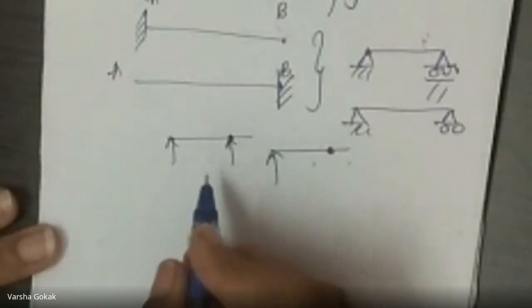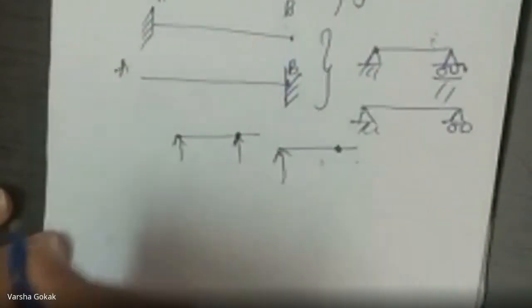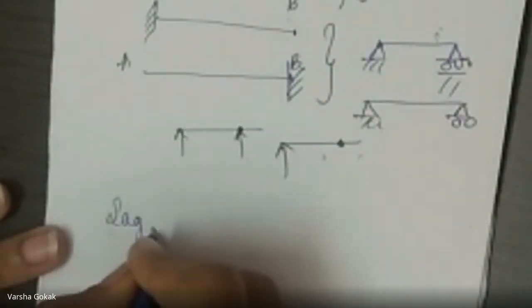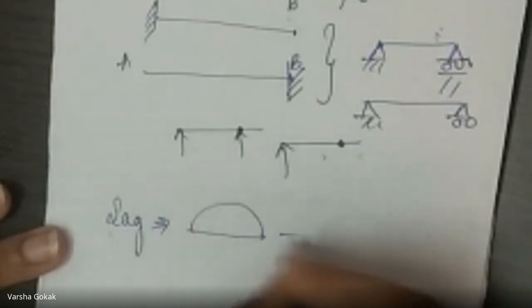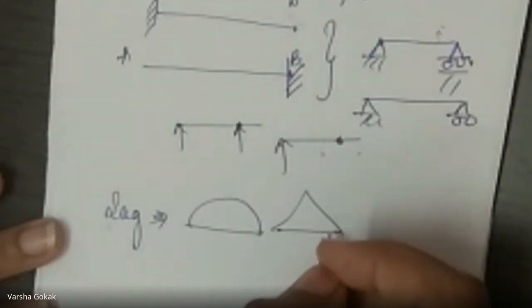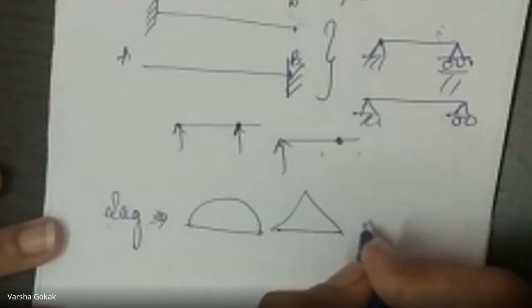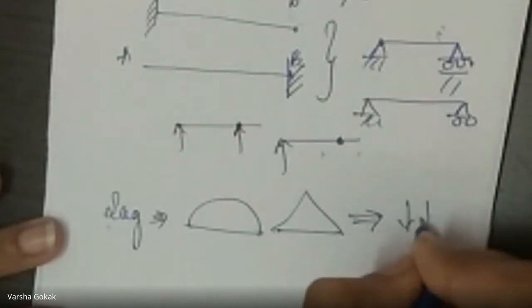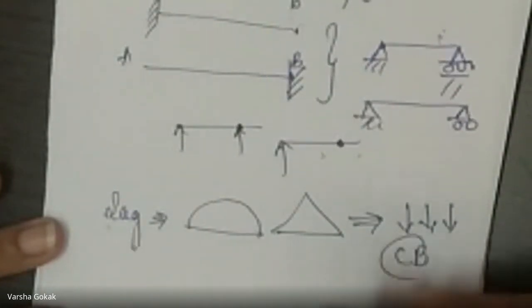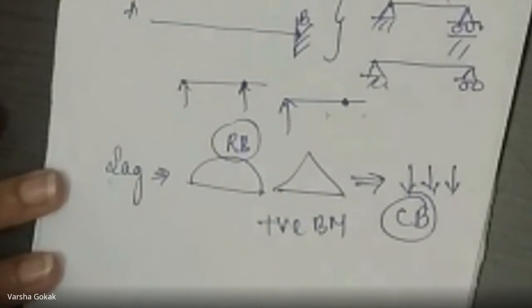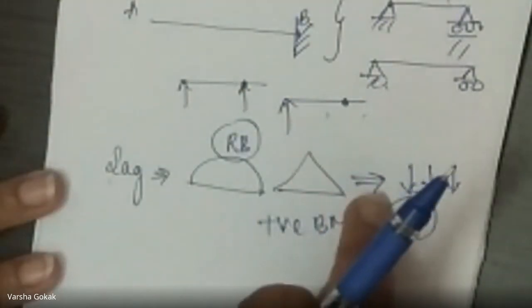Can anyone tell me? Positive bending moment, that is sagging. A positive bending moment in a real beam is shown as a downward load in the conjugate beam.